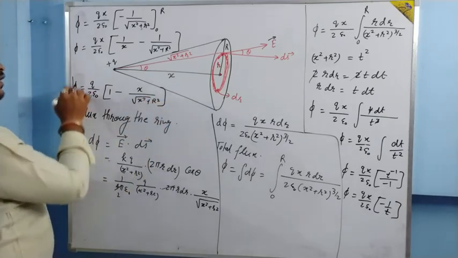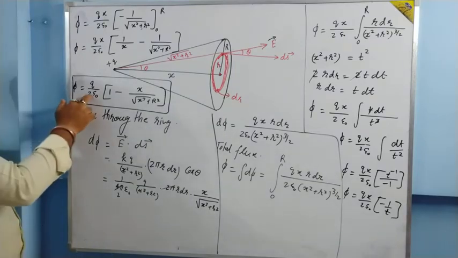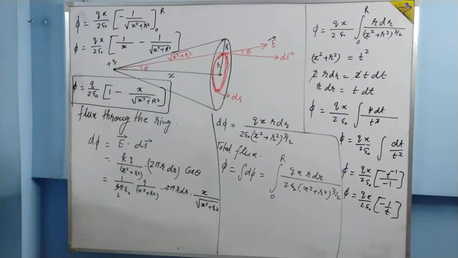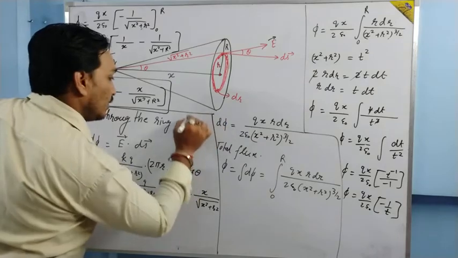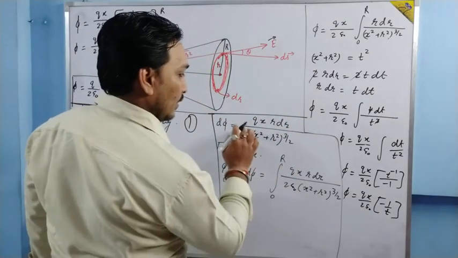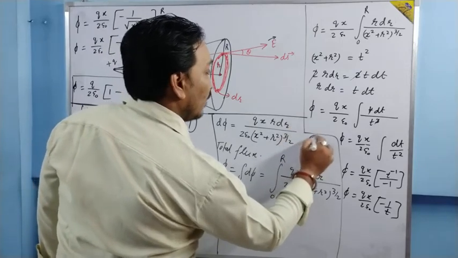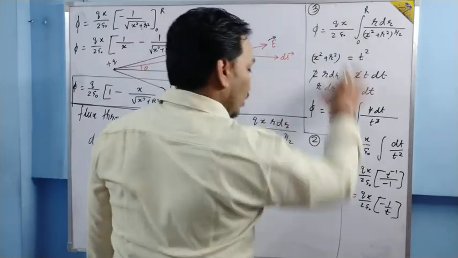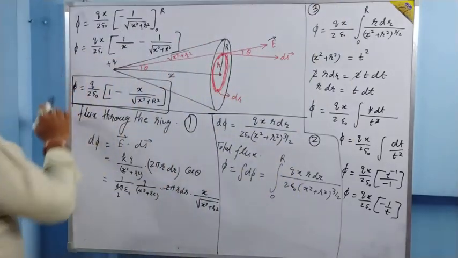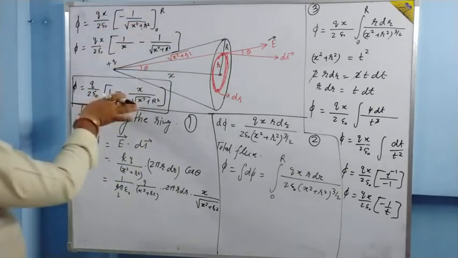This is the value which is given in the book. Let me write the numbering also. This is the first, this is the second, this is the third, and this is your 4 from here to here.